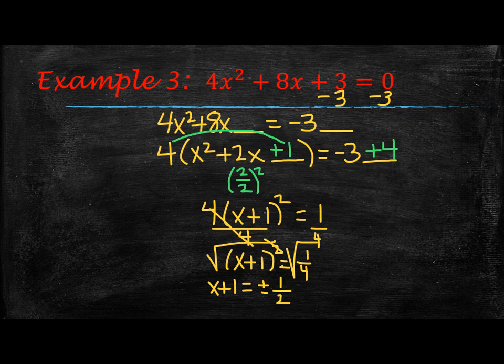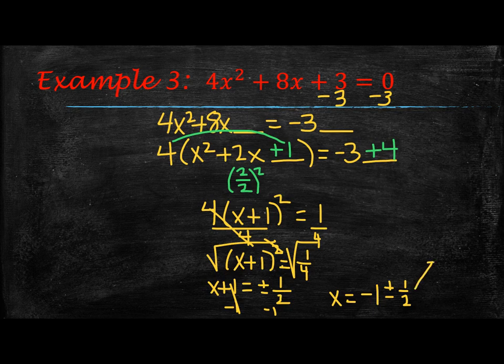And then we'll go ahead and subtract 1 from both sides. So our solution will be, well, we're not done yet, so it'll be x equals negative 1 plus or minus 1/2.